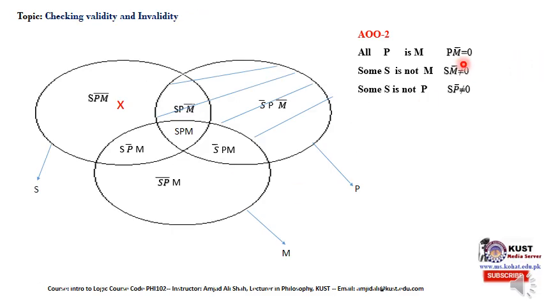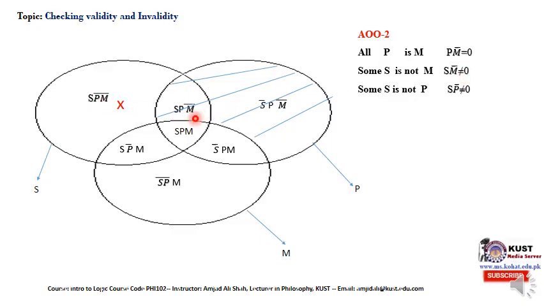PM bar is equal to 0. Here we are supposed to shade the area of PM bar. This is PM bar and this is PM bar. I have already shaded it. SM bar is not equal to 0. Now this is SM bar and the other one is shaded.